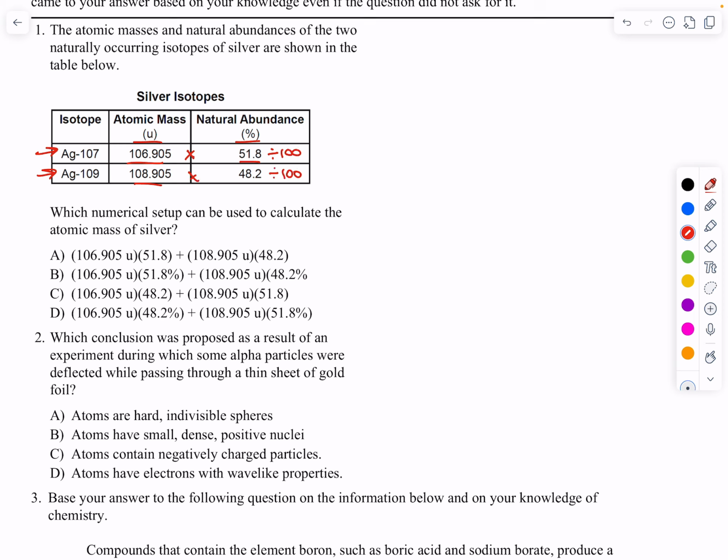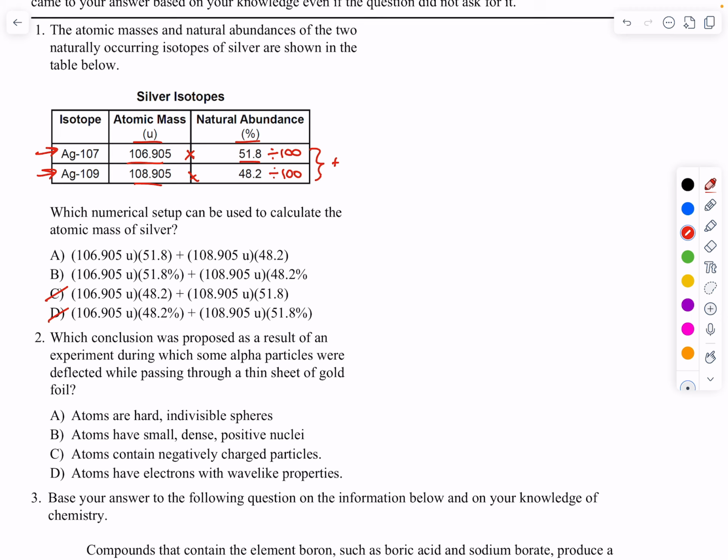Then you would add these two together. You would sum them to get the answer. So looking at these initial ones, we want to make sure that the Ag-107 weight is accurately multiplied by its natural abundance. The 2 choices that don't do that are C and D.